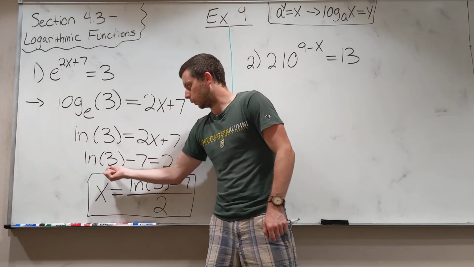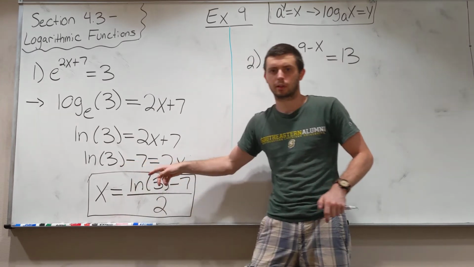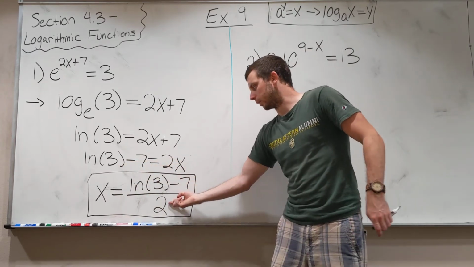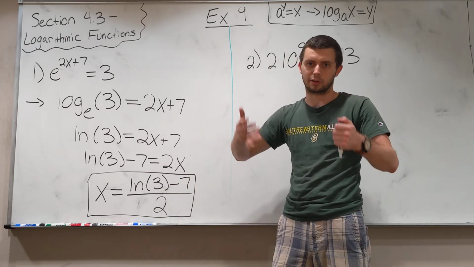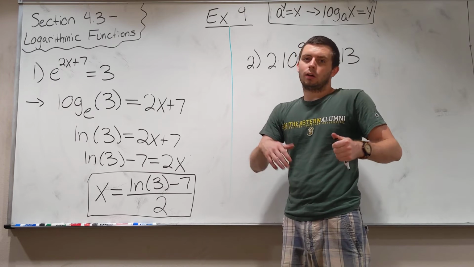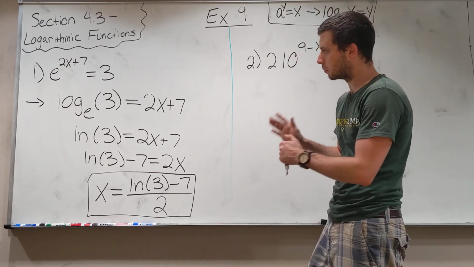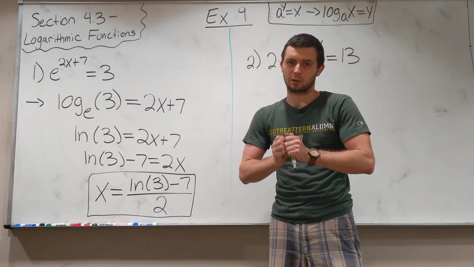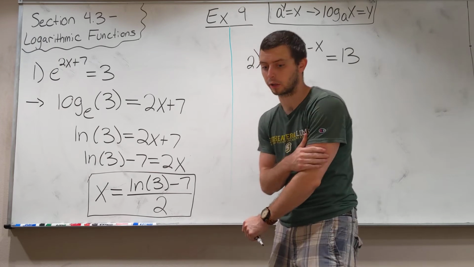It's natural log of 3, minus 7. At no point do we subtract 3 minus 7. Same with divide by 2. We don't divide 3 by 2 and have that number end up in the natural log or any logarithm. Try to keep in mind that if a number is trapped in a log, outside numbers cannot affect it.